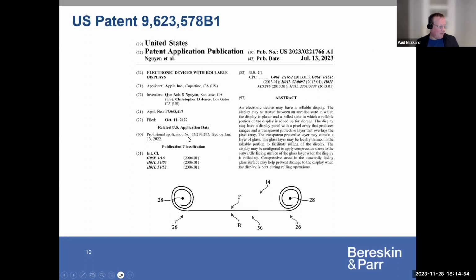One is that patent applications usually have an originating application. In this case, it originates from a provisional application. There's information including the filing date and the application number. Patents also list one or more inventors who are identified as the people who conceived of the invention as it's claimed in that patent application.